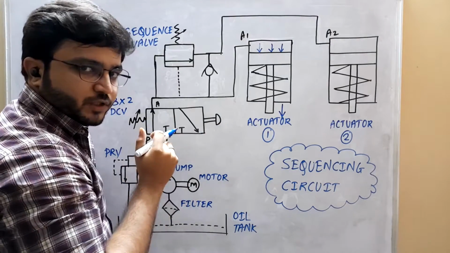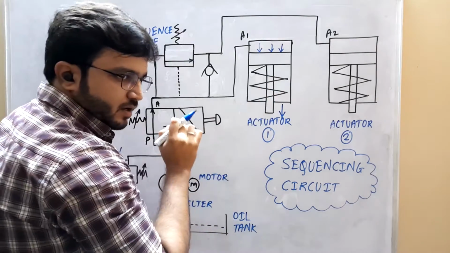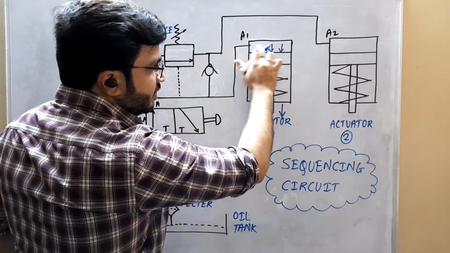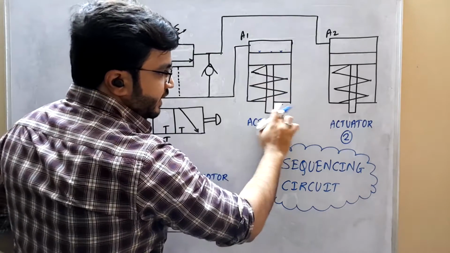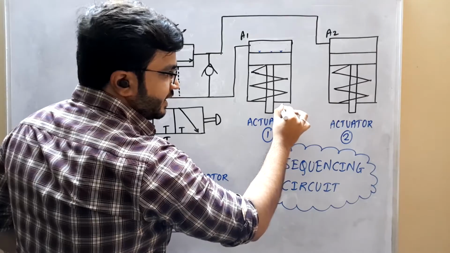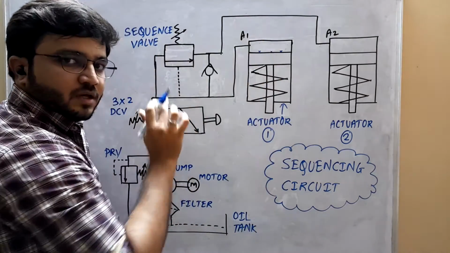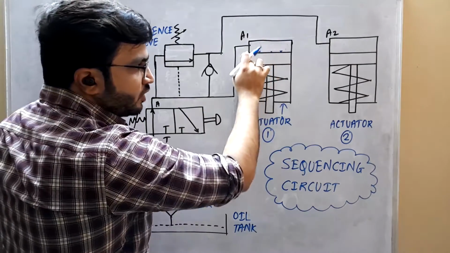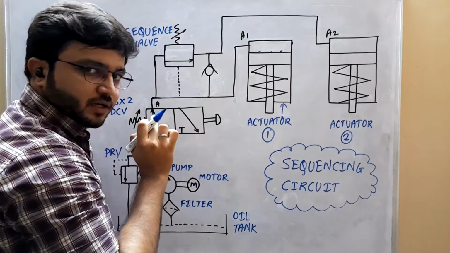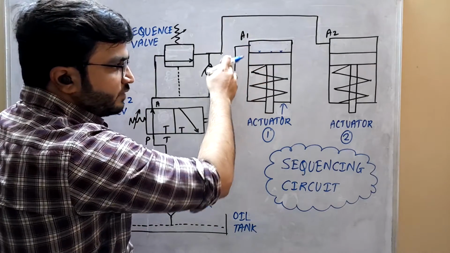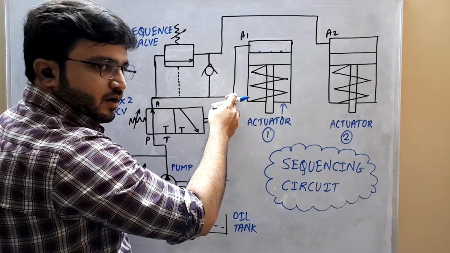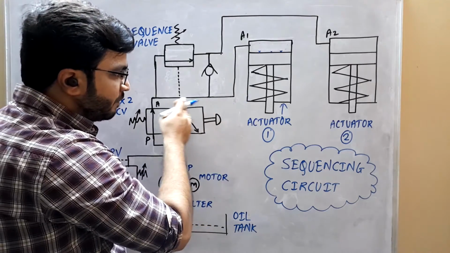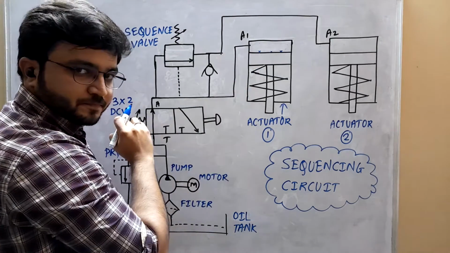At the end of forward stroke, the spring will be expanded and it will be pushing the piston in upward direction, and that is called as the return stroke. Because of this, the oil on the top end of the cylinder, it will be coming out of the actuator and it will be developing a pressure in this particular line.